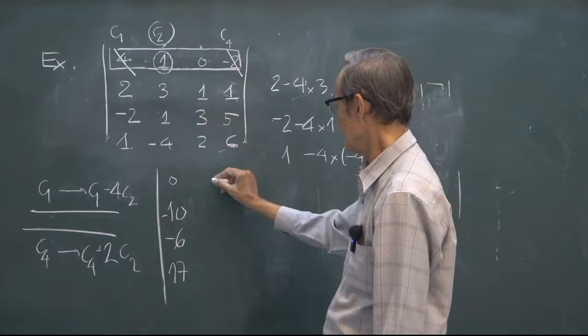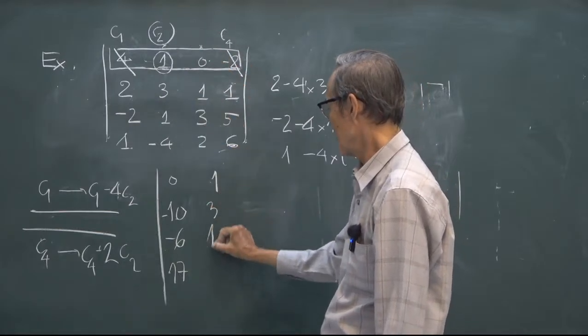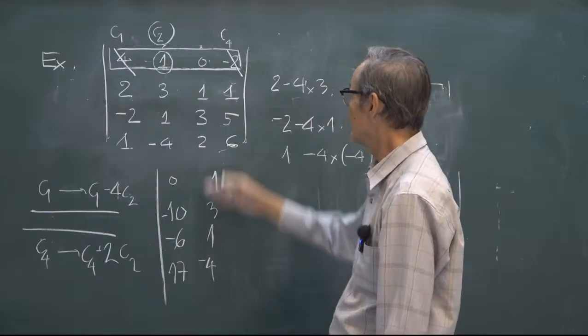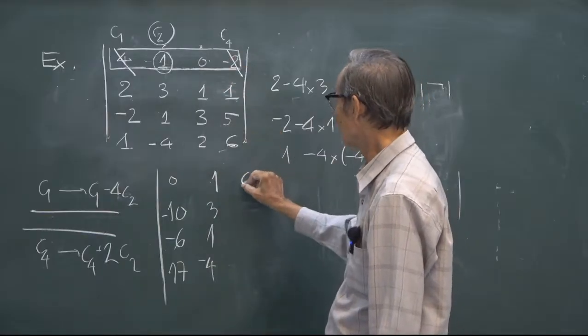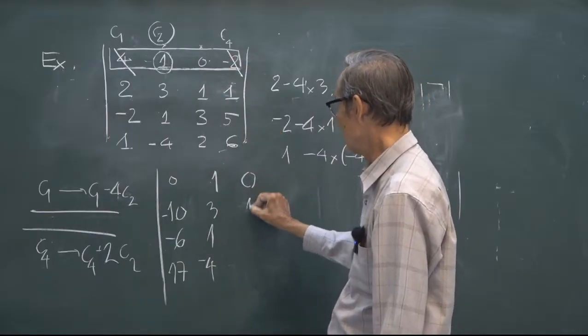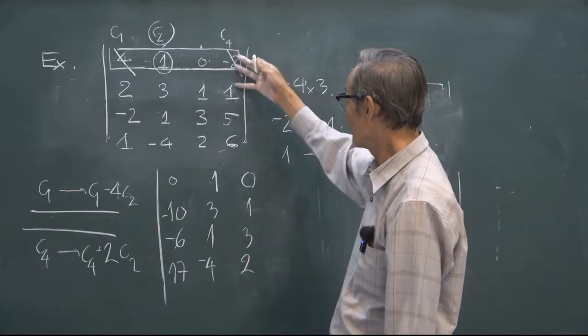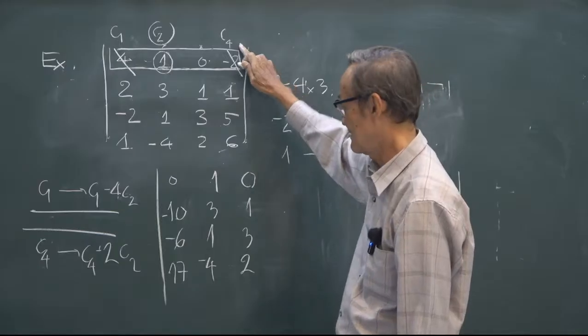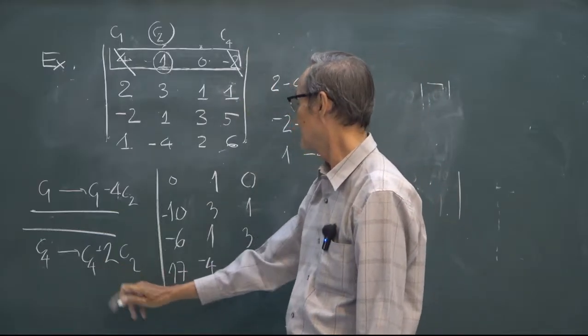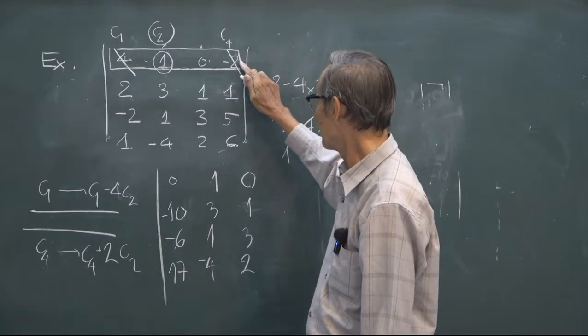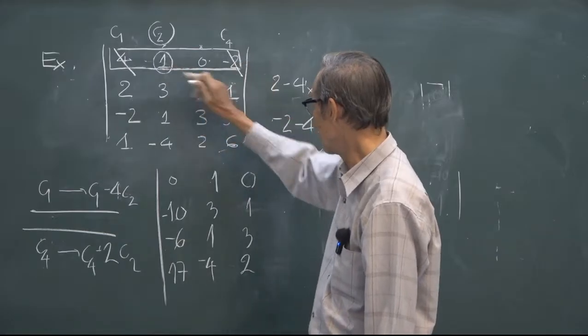Rewrite column 2, 1, 3, 1 minus 4. Rewrite column 3, 0, 1, 3, 2. And transform column 4 with this formula. This number plus 2 of this number, 0.